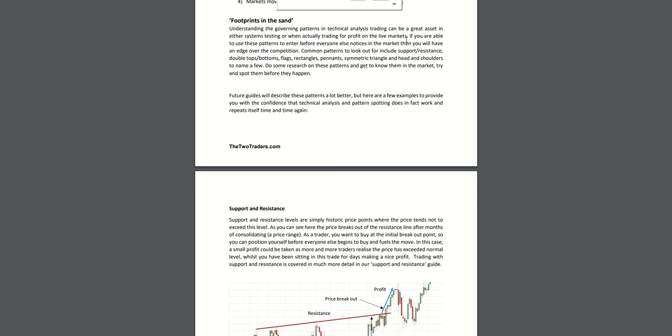Look out for patterns at support and resistance, maybe double tops and bottoms, which show exhaustion and signs of reversals. Try to get your edge before those breaks happen and get into the market.